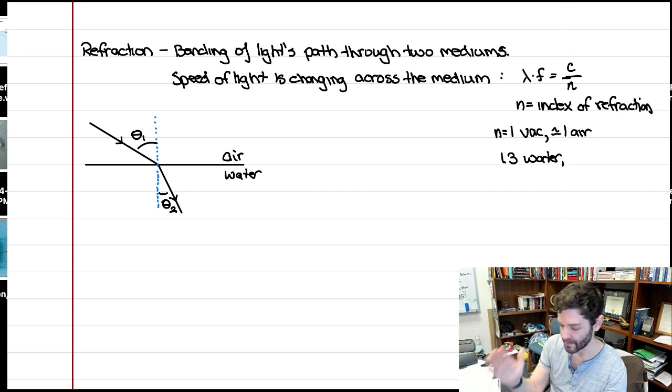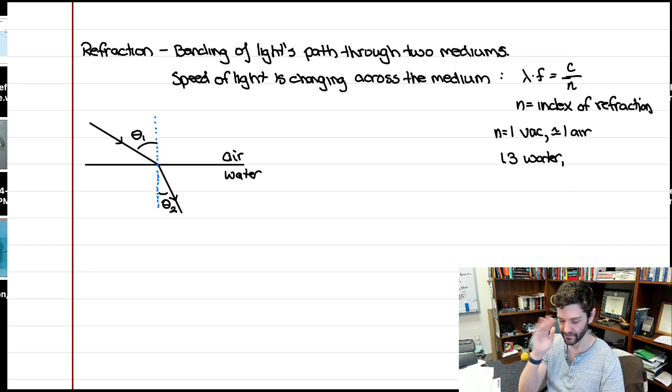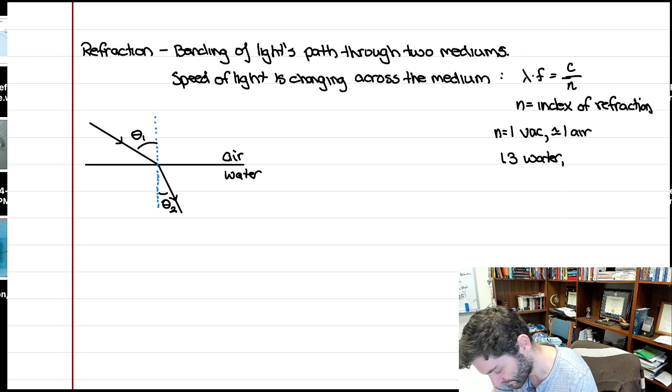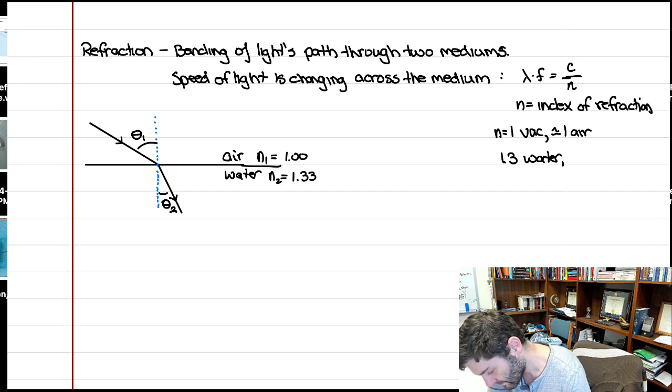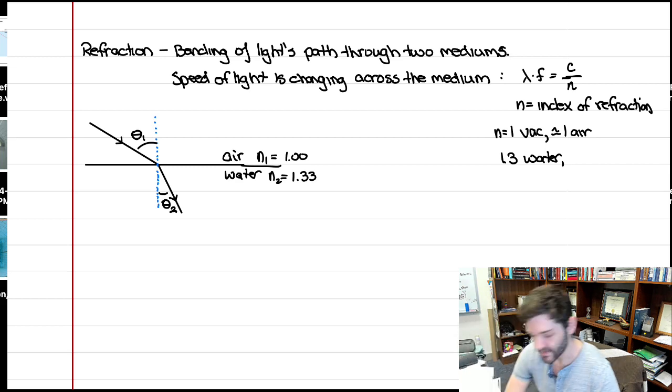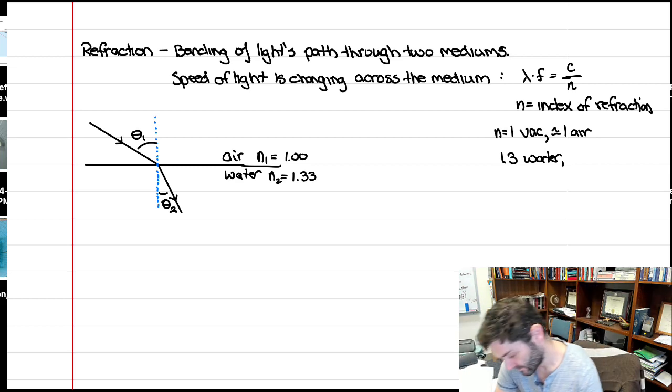If I drew the arrows in the opposite direction, I'd be going from water to air. Then I might call theta 1 the one on the bottom, theta 2 the one on the top. And now air and water have different indices of refraction, so I might define this as N1, which in this case ends up just being 1, and this I'll call N2, which in this case is about 1.33. And is there a relationship between all of this? Absolutely.